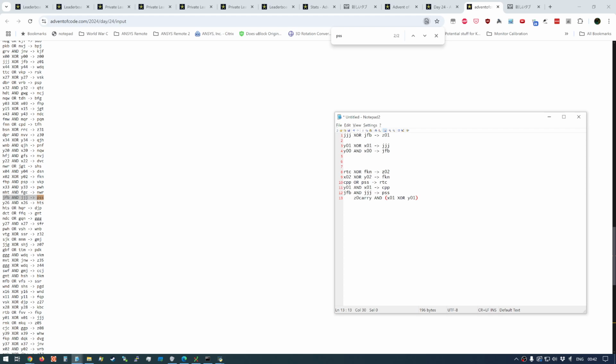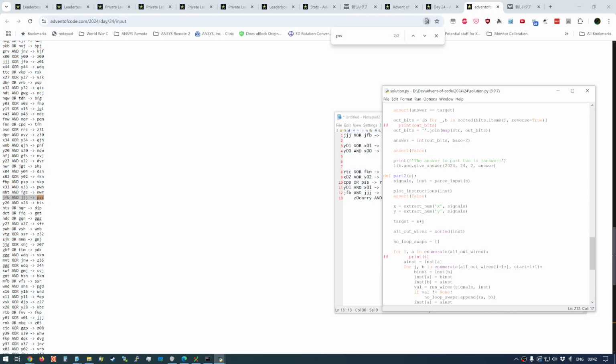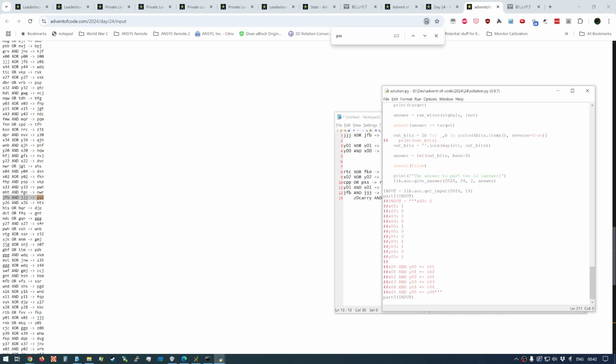I can construct this graph myself. It's the intermediate naming which is interesting. So, this is a 44-bit adder, right?